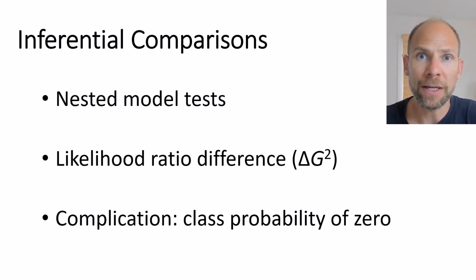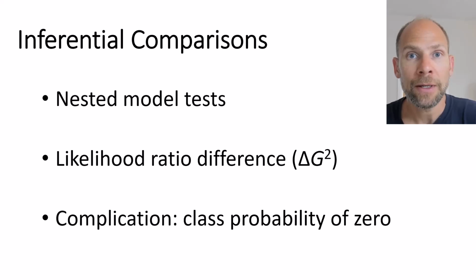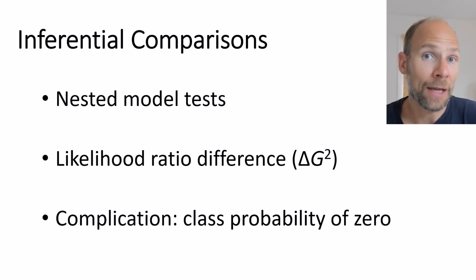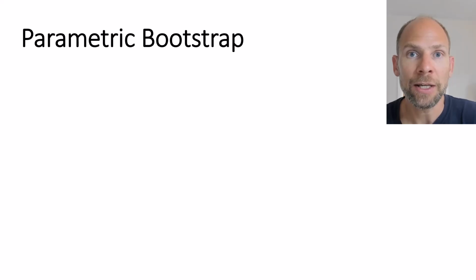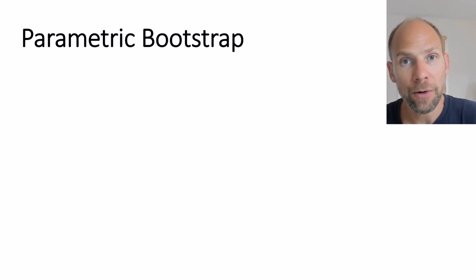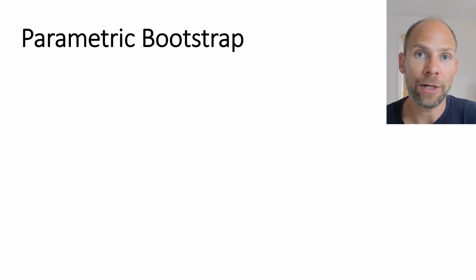And so the way we address this is that we do not compare our chi-square difference value to the theoretical chi-square distribution, but rather we use a parametric bootstrap procedure to generate an empirical distribution of the likelihood ratio chi-squares, and then we compare our empirical likelihood ratio to that bootstrap distribution.